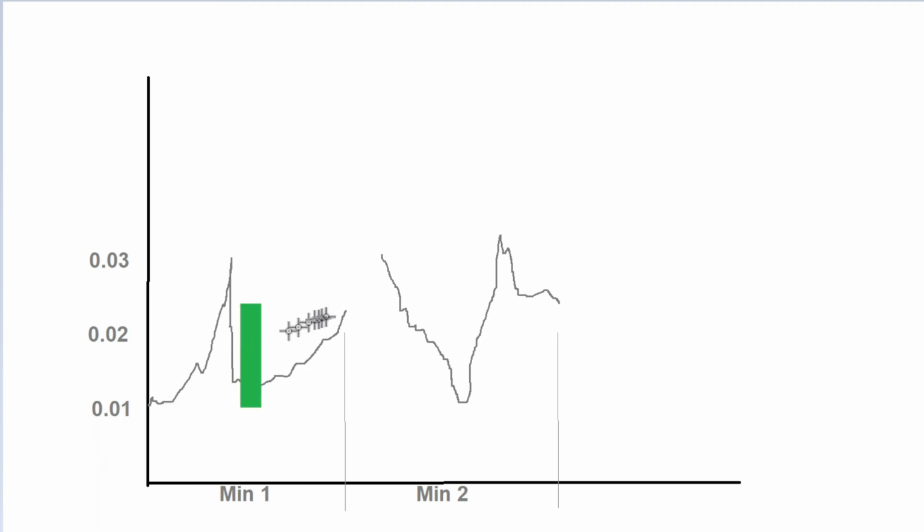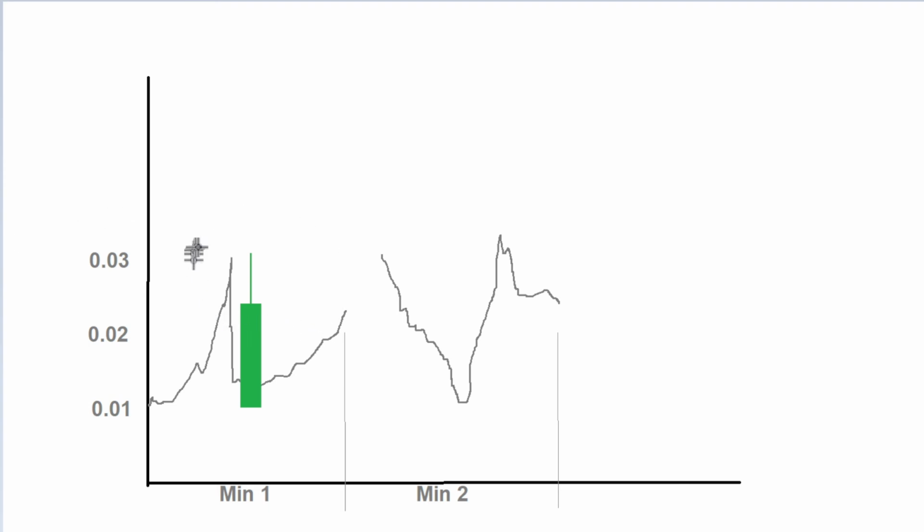Since it closed higher for that minute than it opened, it is a green candle body where the bottom is the opening price and the top is the closing price. What about the wick or the shadow? I told you the wick ends are the highs and the lows.